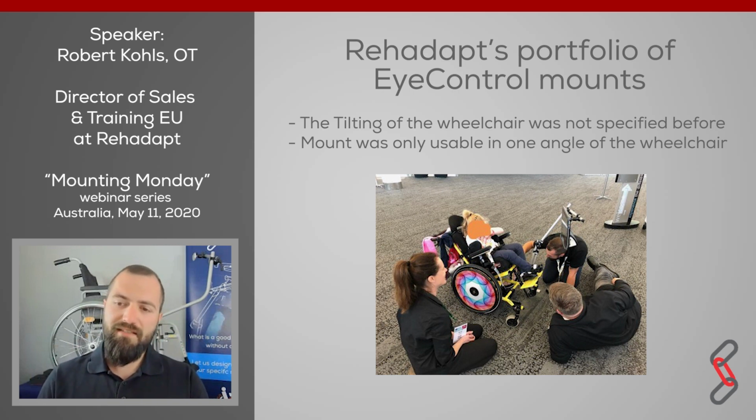In the beginning, when they planned to install the double tube mount on the wheelchair, they chose a spot below the wheelchair on the frame that doesn't follow the tilting functionality. As soon as you tilt the chair backwards, the device stays in position and the kid moves away from the eye gaze system.